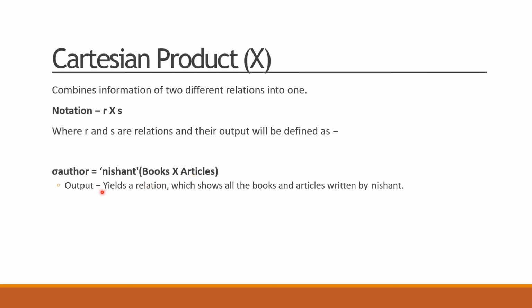So it will yield a relation which shows all the books and articles written by the author Nishant. Because we have applied this sigma on the tables books and articles, only that record will be brought out from the Cartesian product of these two tables. Only we will get Nishant's data.